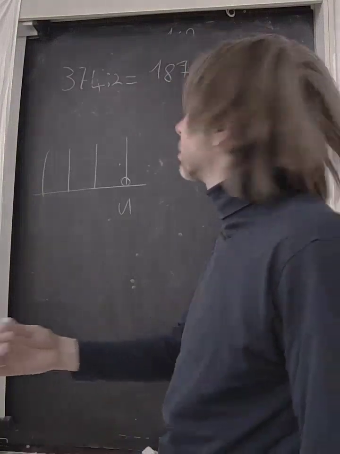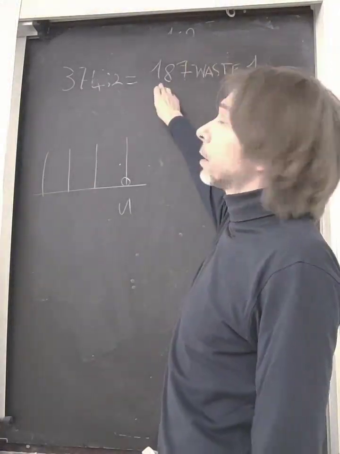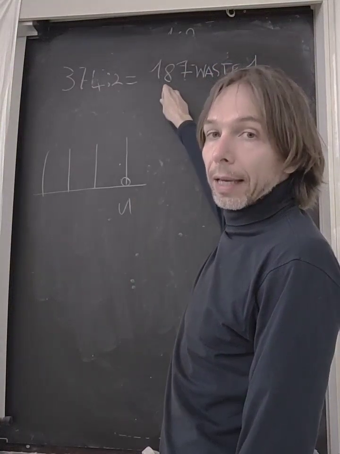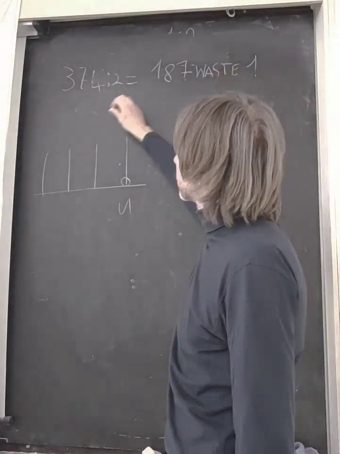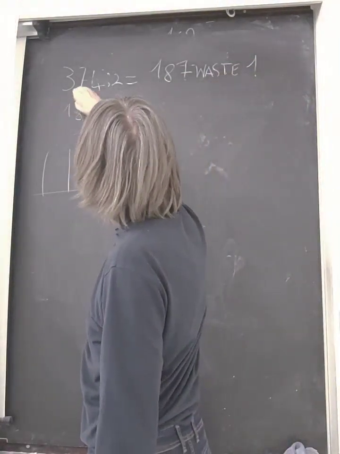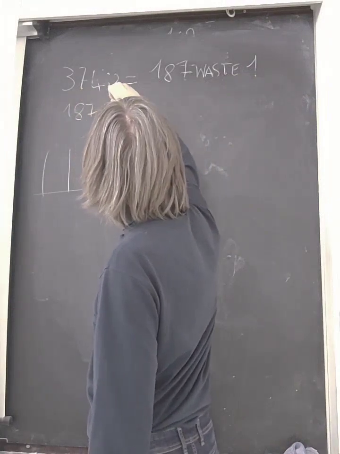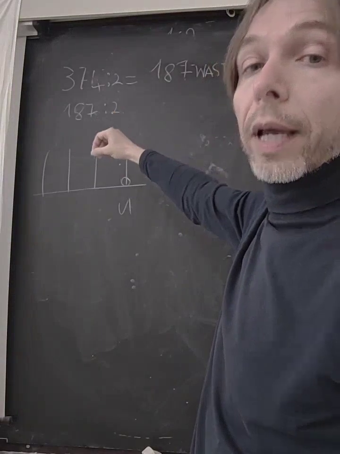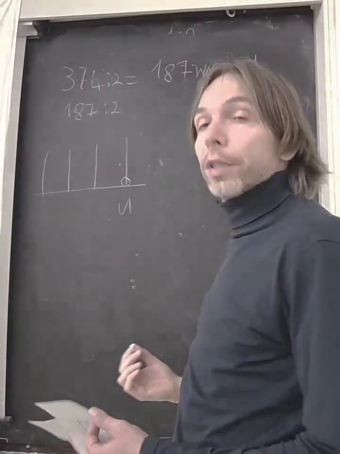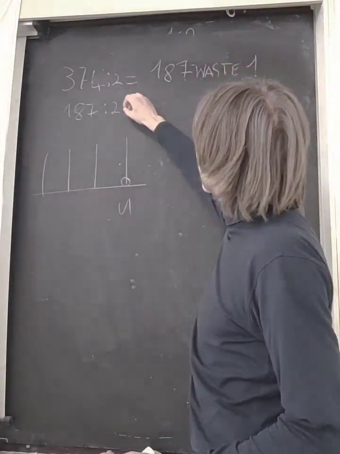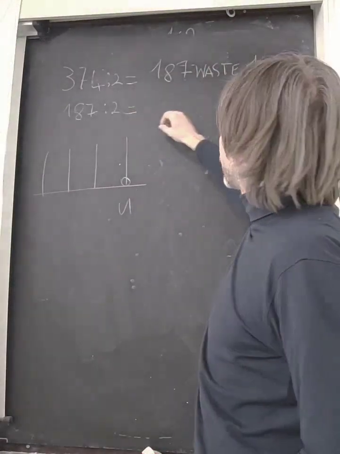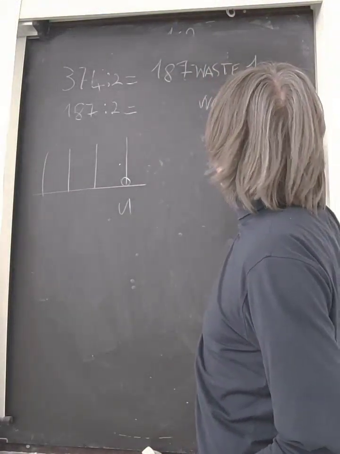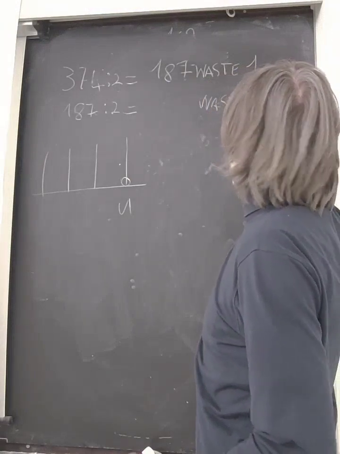Then I go on. I spread 187 again by 2. It's odd, and I do it in the same way. 187 by 2 is odd, so it's sure I will have a waste of 1.